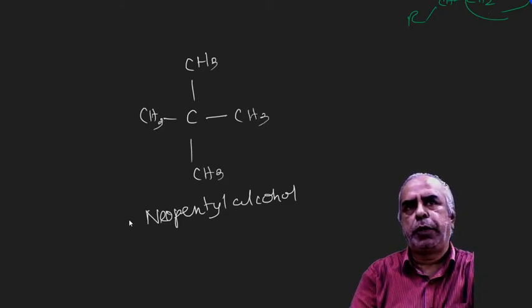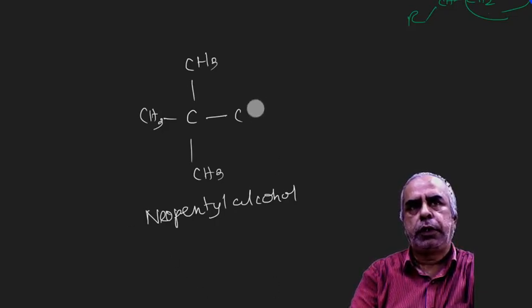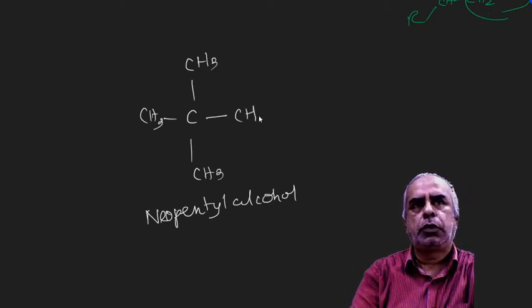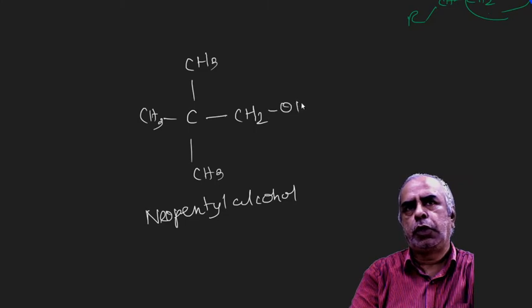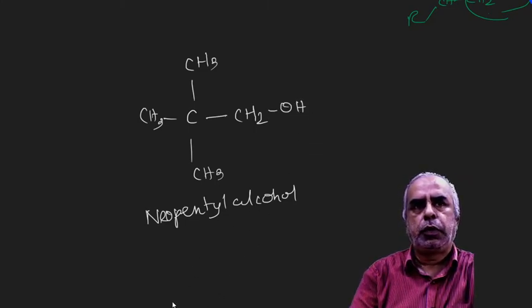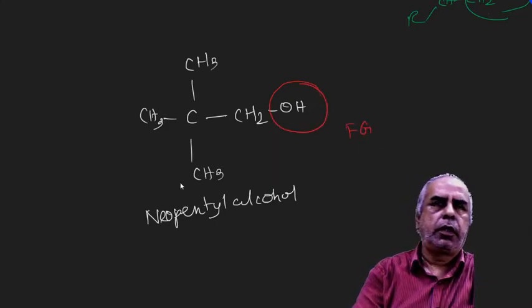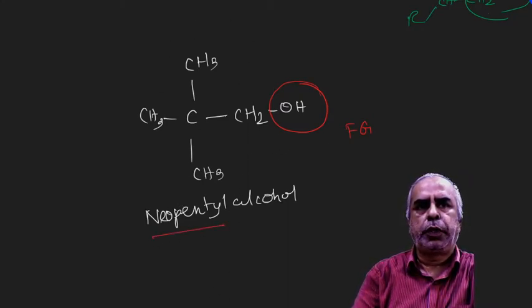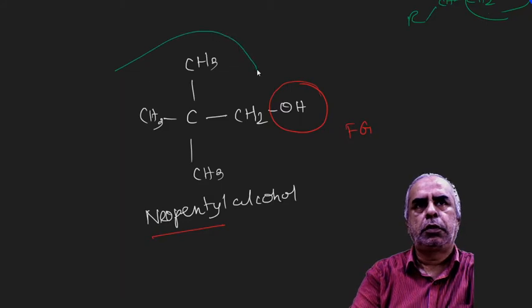This is called neopentane. Replace one hydrogen with OH. So CH2 and you can put OH. Here the OH is the functional group. You understand? And therefore this portion is the neopentyl group. This is called neopentyl.